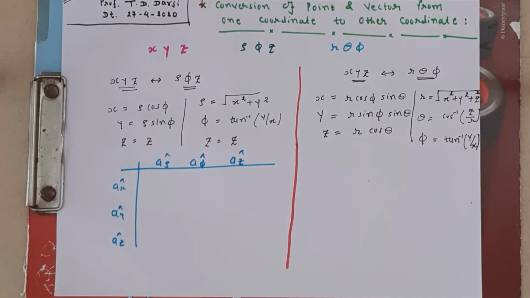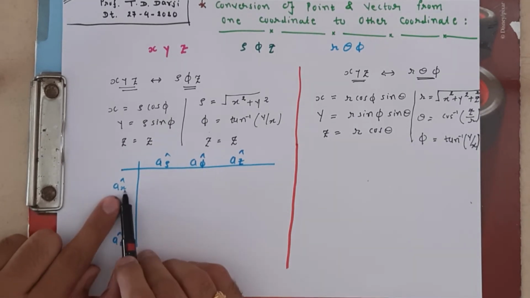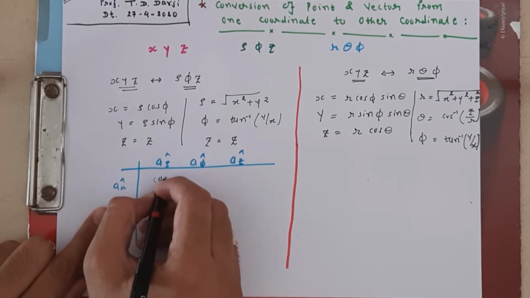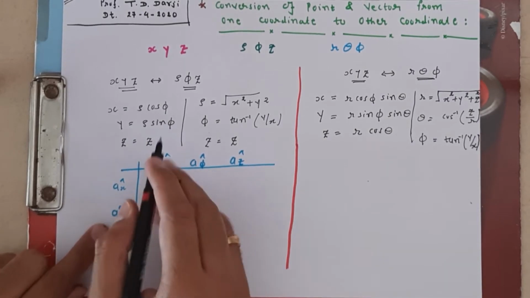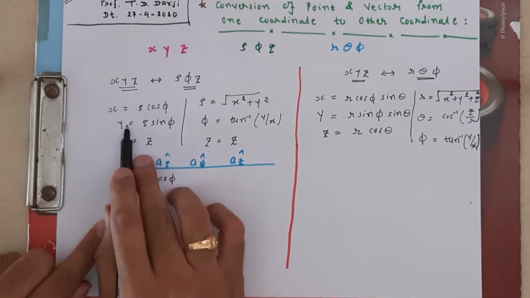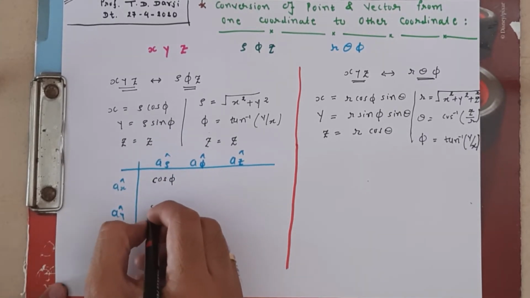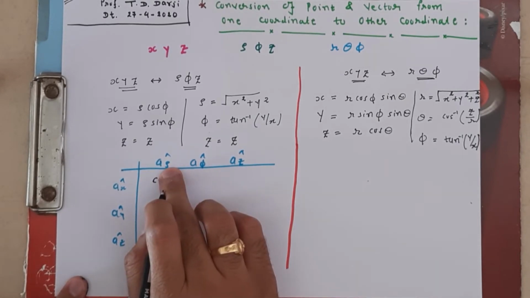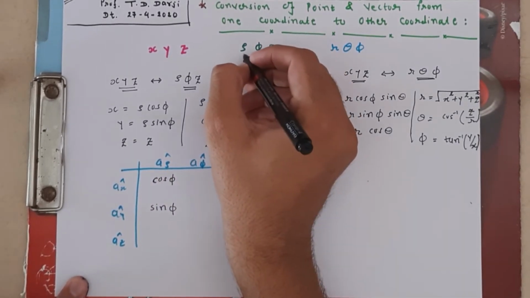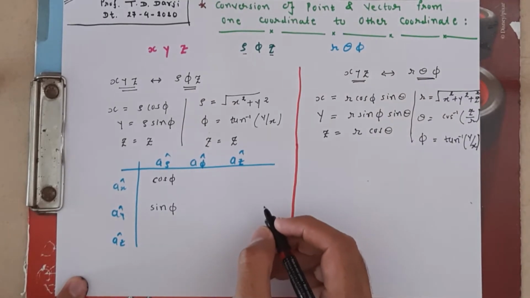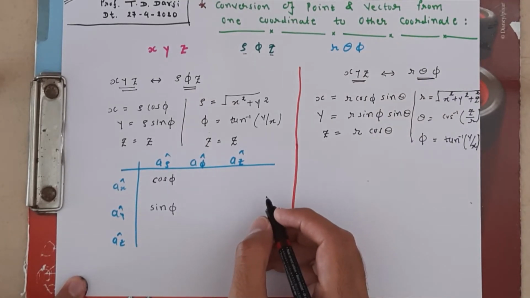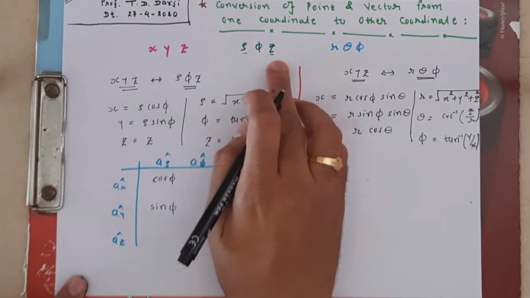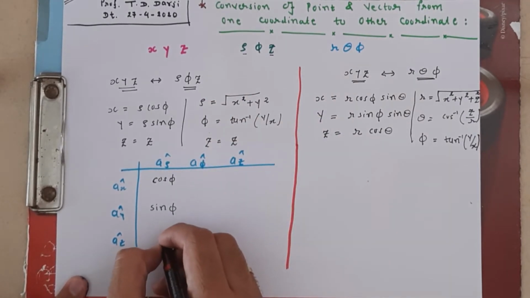How can we write this relation? First x and rho, so this is cos phi. Then y and rho, so this is sin phi. Z and rho are in the same coordinate system, so if I do the simple dot product, the answer is 0.